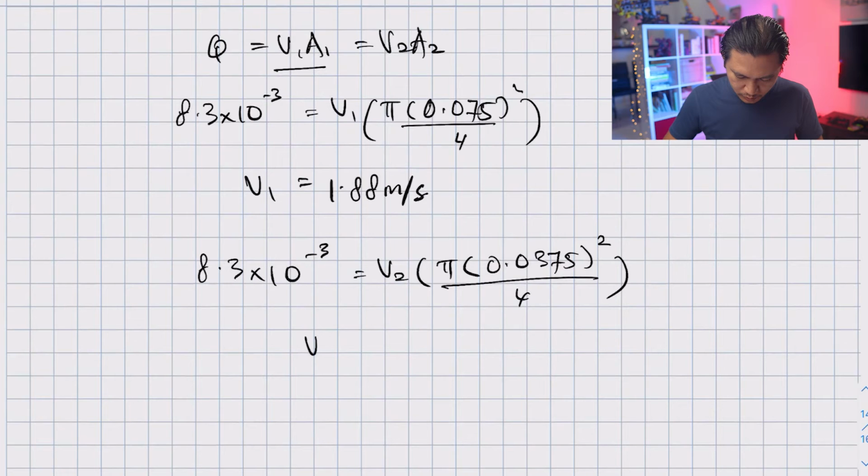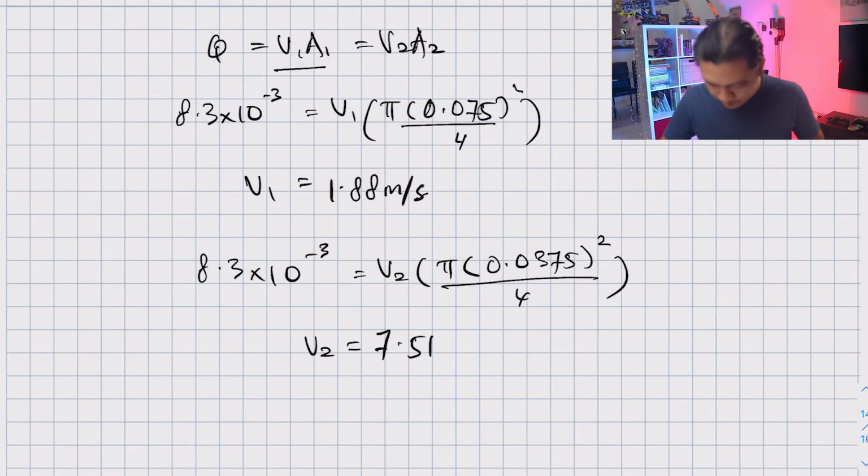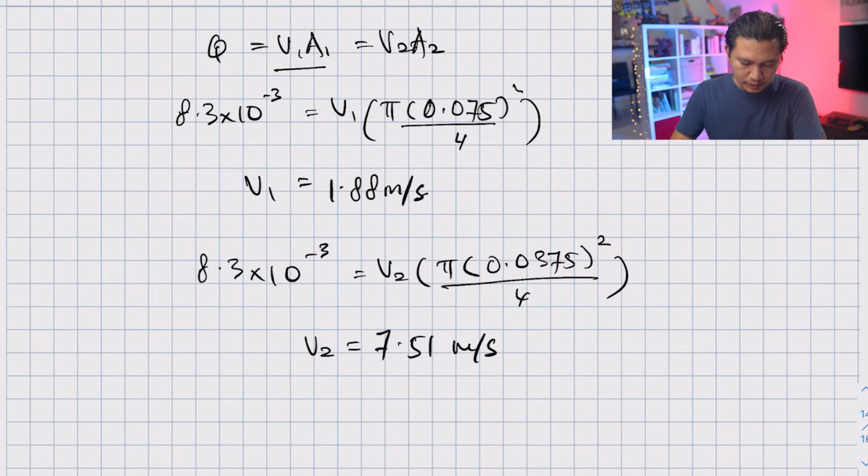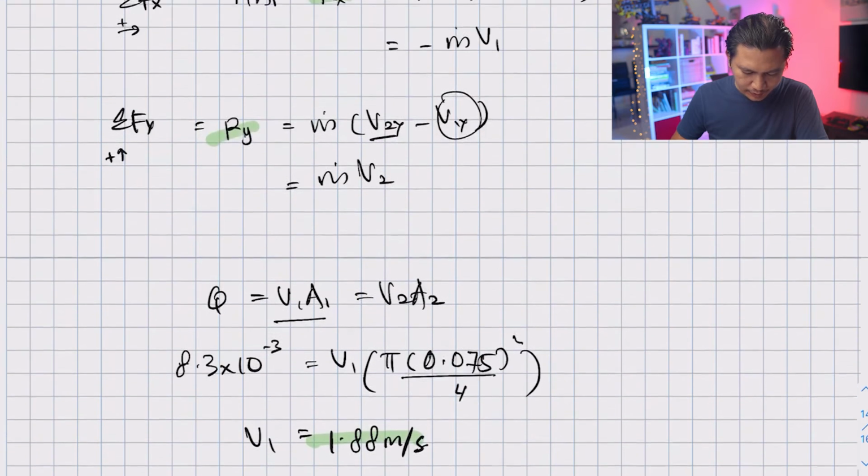So our V2 is equal to 8.3 times 10 to the power of minus 3 times 4 divided by pi divided by 0.0375 squared. This is 7.51 meter per second. Right, now that we have V1 and V2, do we need anything else?